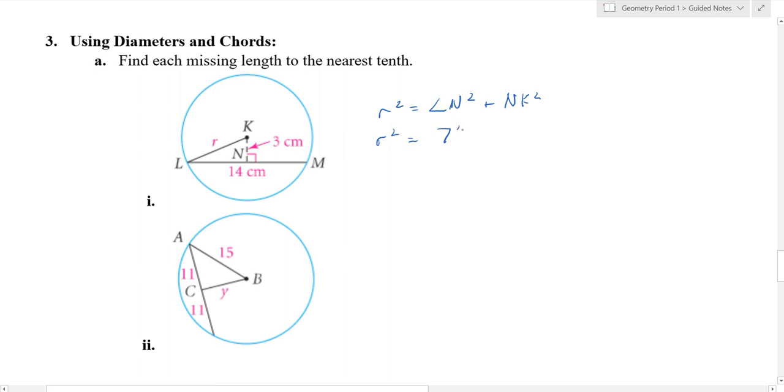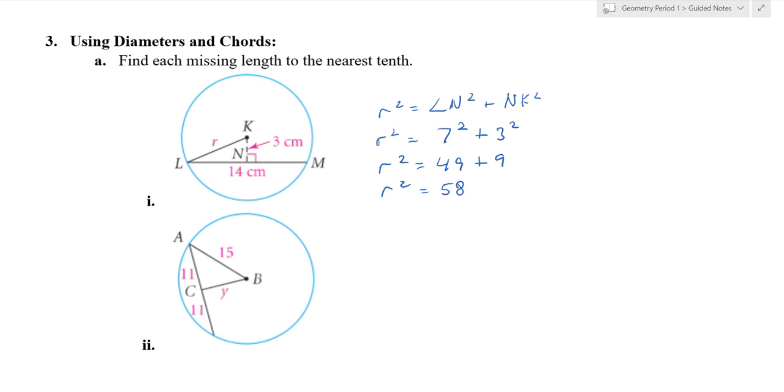So it's going to be 7 squared plus NK squared, and NK is 3. So it's going to be 3 squared. So we have r squared equals 49 plus 9, which gives r squared equals 58. And now it says to the nearest tenth.